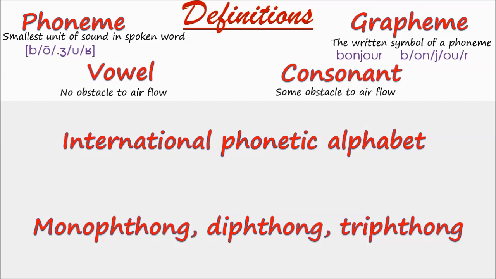And then triphthongs, although there is a little bit of a debate going on among linguists about that one, but a maybe commonly accepted triphthong would be hour, like an hour, because you have 3 different sounds that kind of glide from the first to the second to the third. That's called a triphthong.